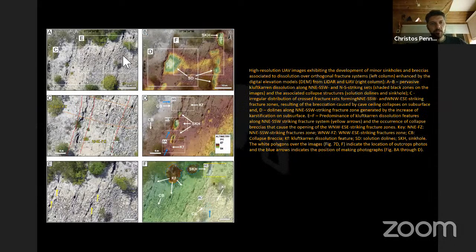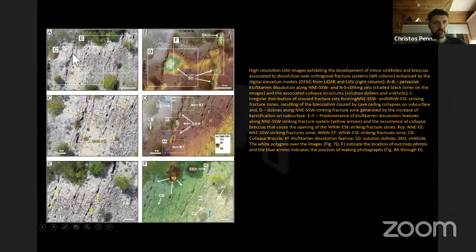Here are some more examples. So with only photogrammetry, we can see these C and E areas where they were able to delineate these lineaments for the C area.